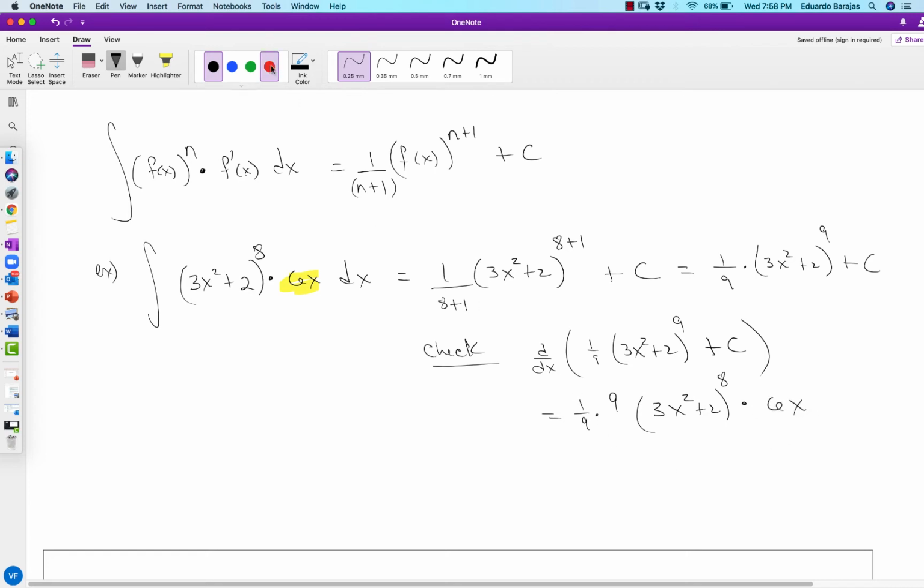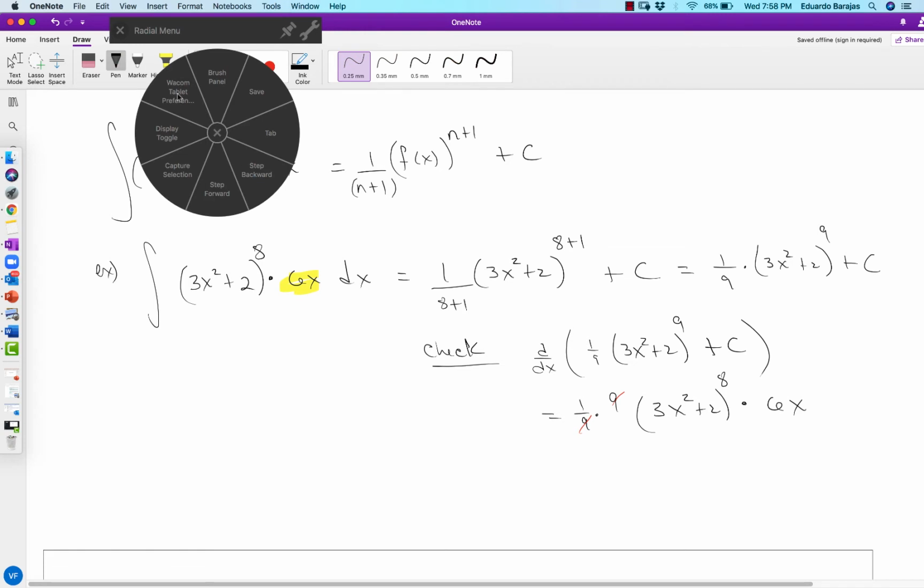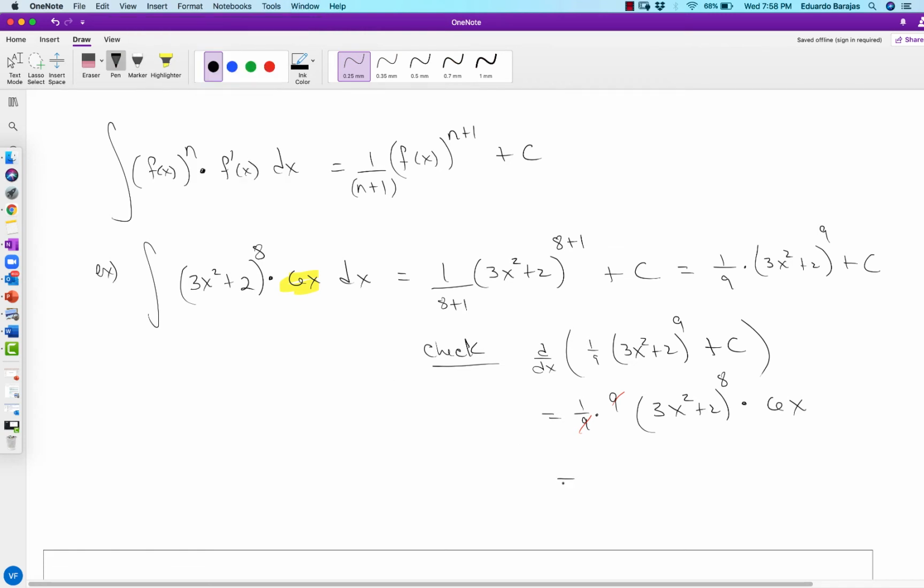Good, so now these 9's cancel, and we have exactly what we expected. This equals (3x squared plus 2) raised to the power of 8 times 6x. Good.